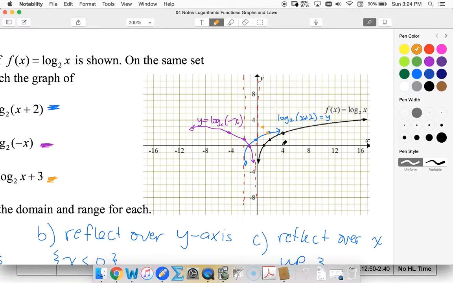Reflecting comes down, up 3. Let's also include 8, 3. Reflecting comes down, up 3. That was not a very well drawn line. Negative log base 2 of x plus 3.